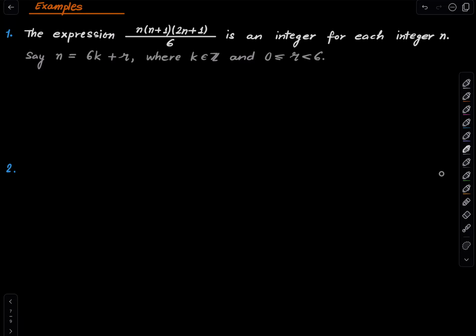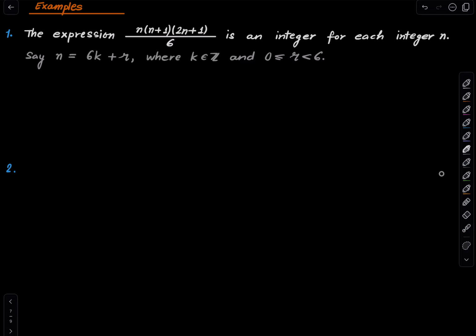Right? That's immediately by applying the division with remainder theorem. We are not trying to show that r is 0. We are not trying to show that n is divisible by 6. We are trying to show that this horrible thing is divisible by 6. But anyway, let me proceed and you will see the point of doing this.